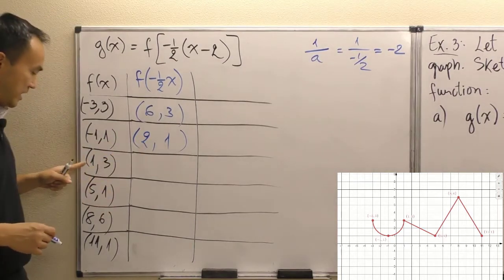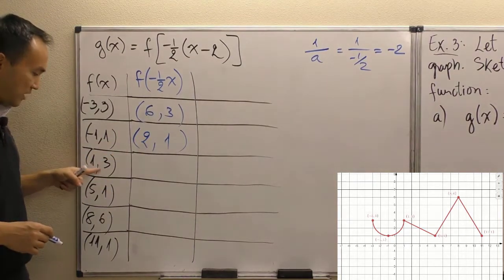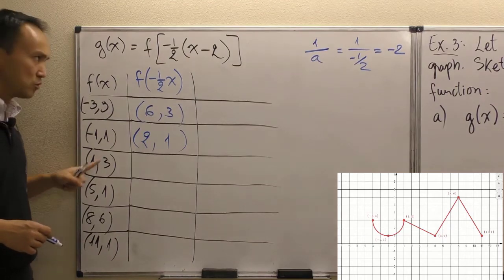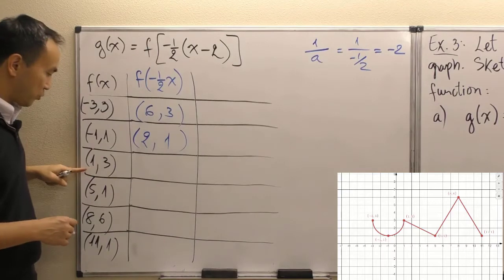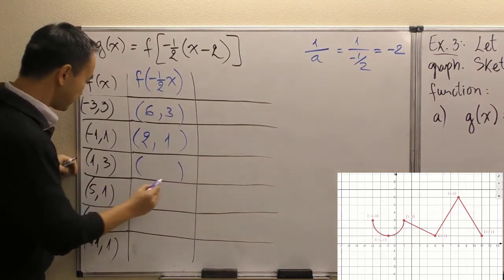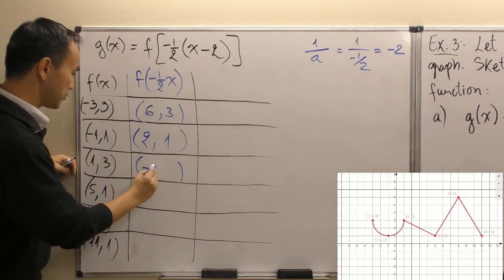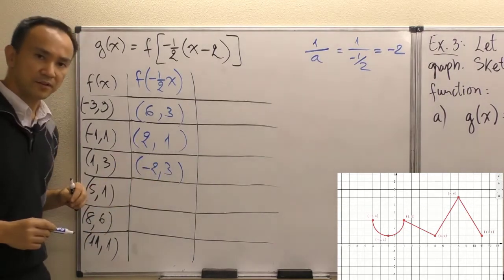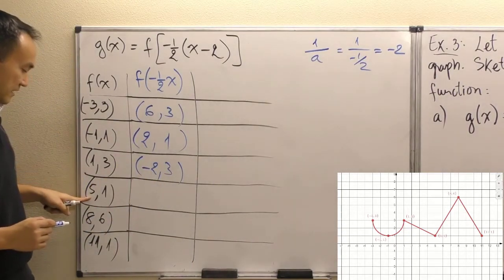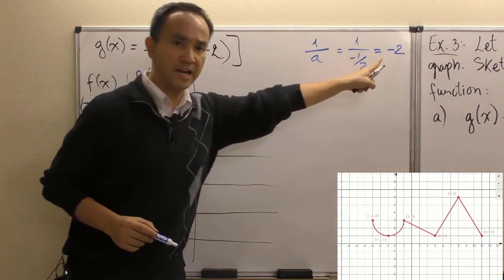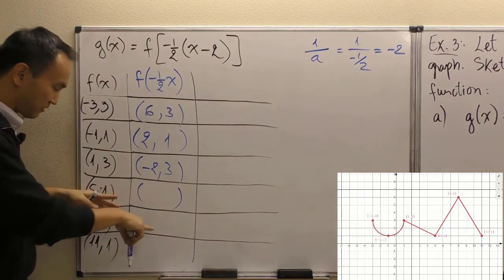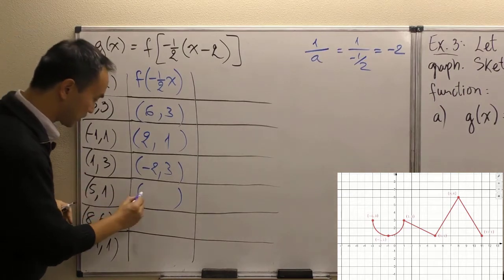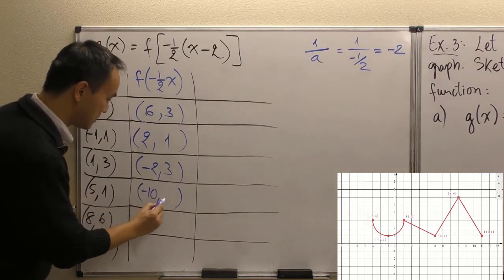Then the next point, 1 comma 3: the x value is multiplied by negative 2, which gives me negative 2 comma 3. And 5 multiplied by negative 2, so our next point, 5 comma 1, is transformed into negative 10 comma 1.